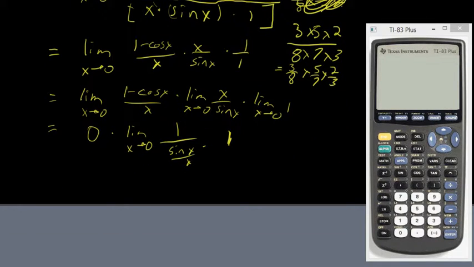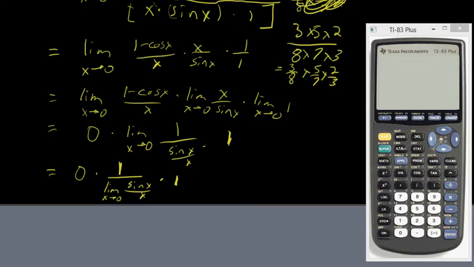And so the limit as x tends to 0 of 1 over sine x over x is equal to 1 over the limit as x tends to 0 of sine x over x. This is just because the limit of 1 over something is 1 over the limit of that something. This stems from the power property, because this is sine x over x to the negative first power.